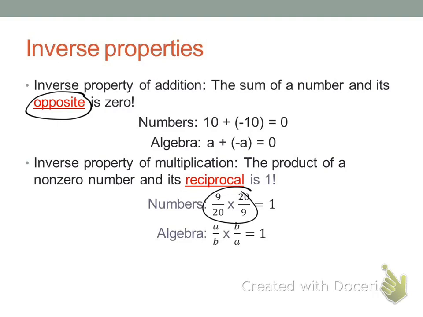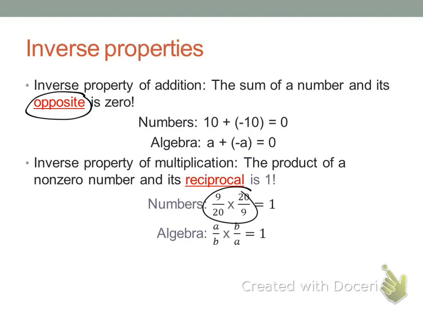All right, so what would the reciprocal of 2/3 be? 3 over 2. What would the reciprocal of 5/6 be? 6/5. Very good. So I flip the fraction. That is the reciprocal. Take any number and multiply it by its reciprocal, and the answer is always 1. That's the inverse property of multiplication. All right?